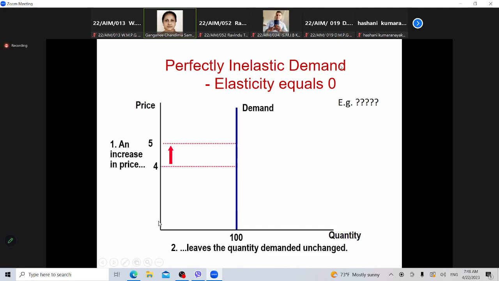So draw the lines, label the lines, and put the units. These are the basic three steps. Afterwards, you can draw accordingly and explain the situation.